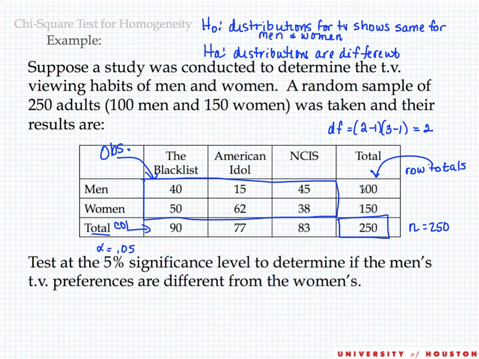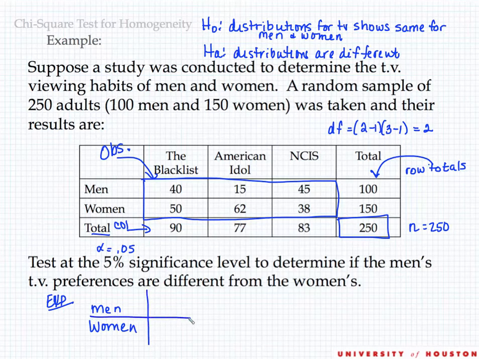Now we have to compute our expected counts. So our expected counts will have men, women, and we'll just continue from above. For the Blacklist with men, we're going to do 100 times 90 divided by 250, and this gives 36.